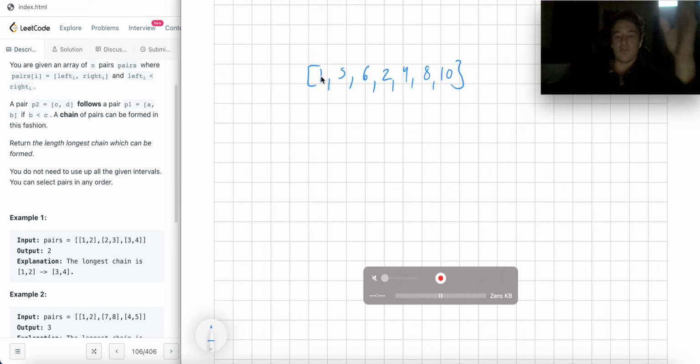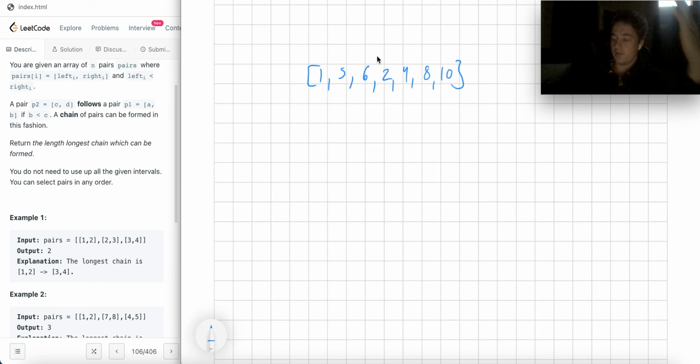So I can go from 1 to 2 to 4 to 8 to 10. I could do 5, 6, 8, 10, which has length 4. I could do 2, 4, 8, 10, which has length 4. No, wait: 1, 2, 4, 8, 10 has length 5. So that would be the longest subsequence.